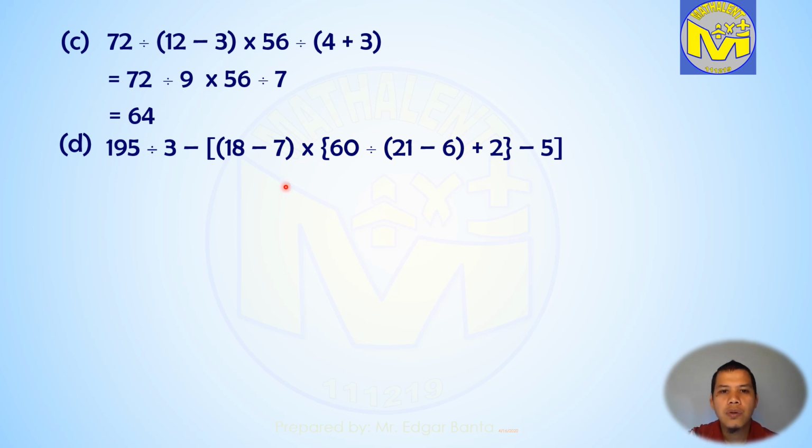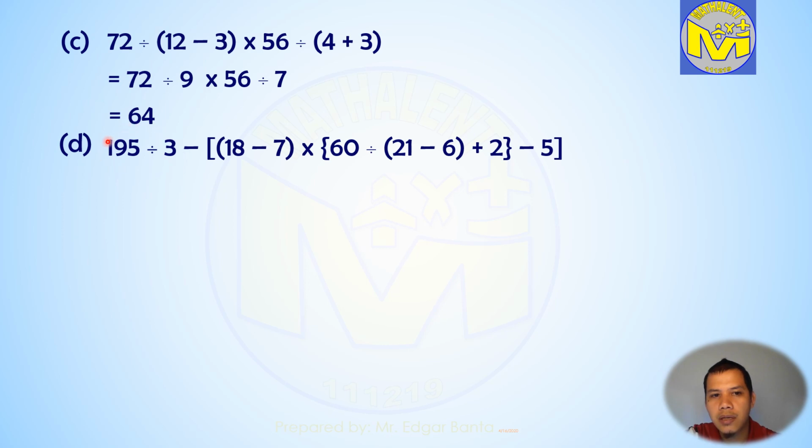So in our rule, we can follow DMAS here and the rule of brackets. Actually, there's a word for that. It's called BODMAS. BODMAS means brackets and then operations, and then division, multiplication, addition, and subtraction. Now, here we can do it right away because it's outside. This is outside.